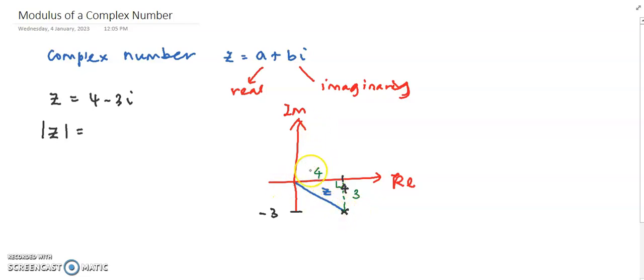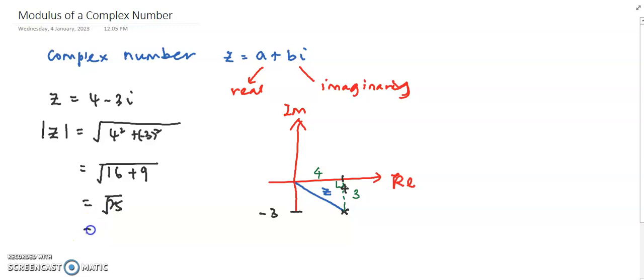We can use the Pythagoras theorem, that is the square root of 4 squared plus 3 squared, or you may write negative 3 squared, and you will get back the positive value. Finally, you have 16 plus 9, which is the square root of that, then it's the square root of 25. So the length of z, or we say the modulus of this complex number, is 5 units.